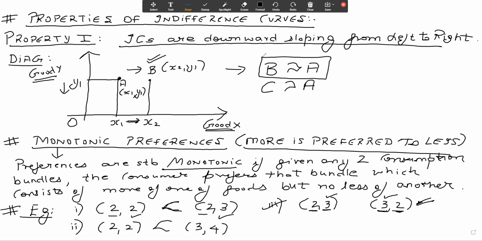That means if I am increasing my X to get the same satisfaction, I will have to reduce Y. That means I will come somewhere here. Let me call this point C. At this point C, good X is more, but good Y is less, which makes the consumer indifferent. So if I join points A and C, I learn that my indifference curve is downward sloping.